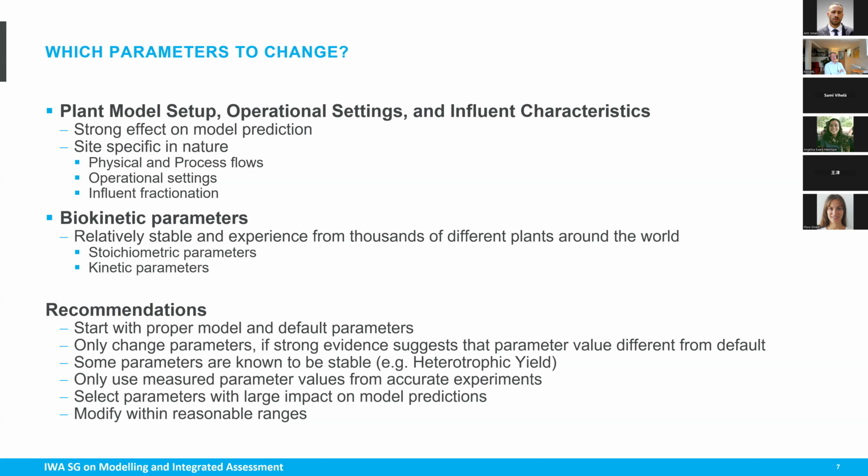So be careful. I only trust experiments if I know who did the experiments, and I trust that person to do it right. Yeah, very complex, difficult experiments. I'm not saying don't do that, but make sure that there are enough experiments that you can trust the outcome. And then classic system analysis: select parameters with large impact on the model prediction.